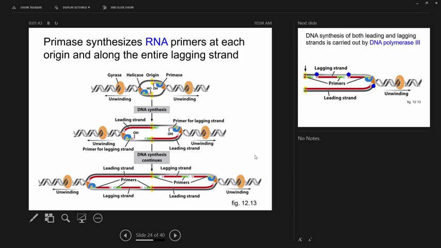Notice that the lagging strand is not there yet because this is the first leading strand, and so you have to open up enough template here and here in order to even be able to make a lagging strand.